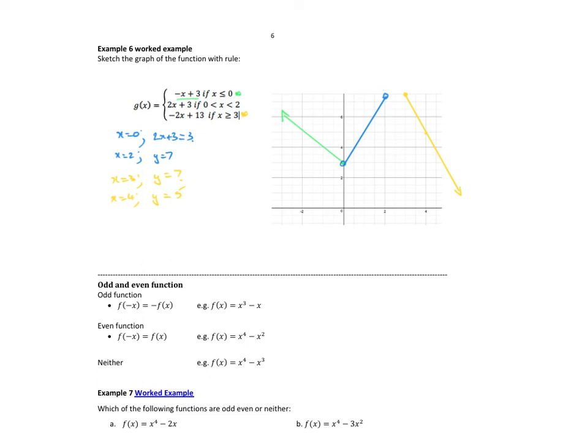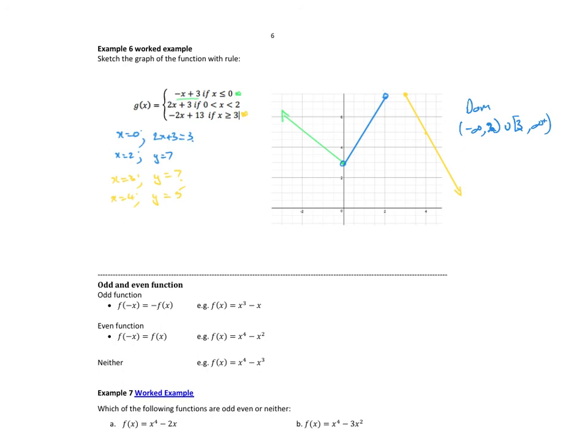So we've spoken a little bit about domain and range. So we can see that, well, what is the domain? Everything except for that gap there, isn't it? I'm sort of more of a fan of putting the domain as from minus infinity to 2 not inclusive, union 3 inclusive to positive infinity.